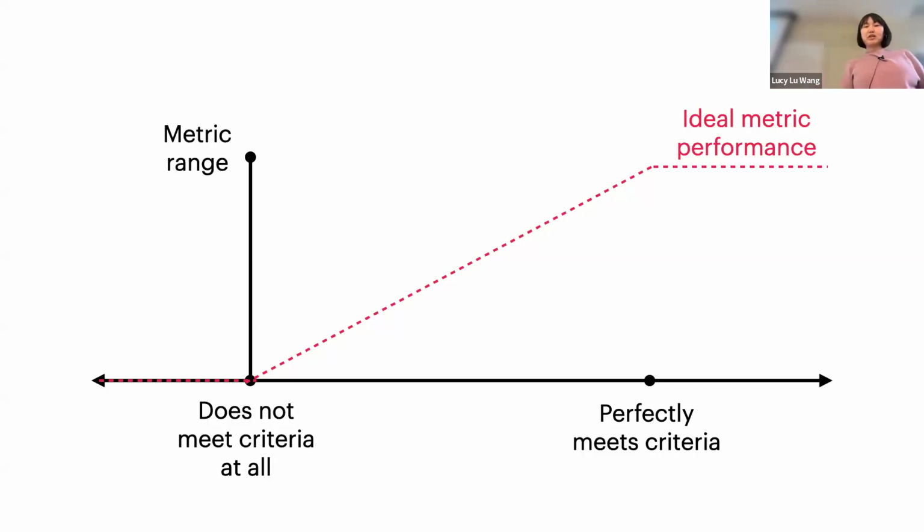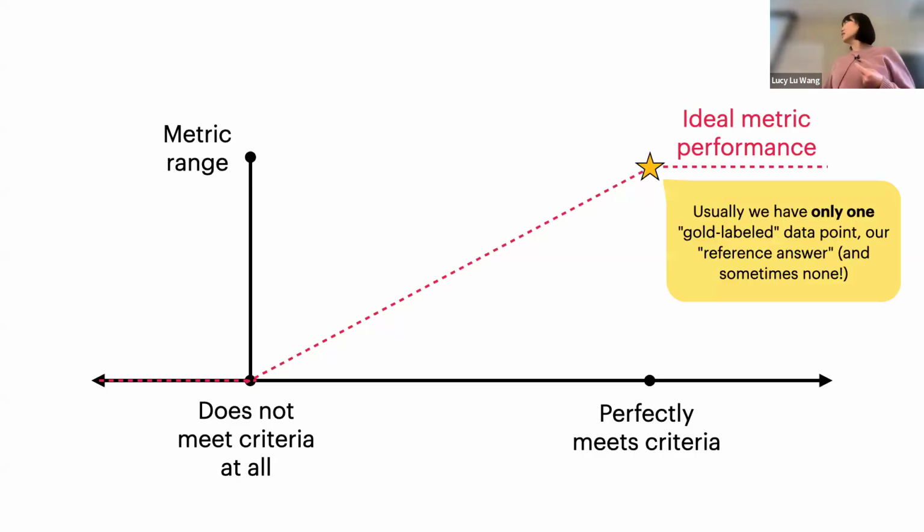Now, for any metric that we're evaluating, we need to estimate the shape of this. So now I'm talking about meta-evaluation. How do we know that the metric is in fact responsive to our criteria? We need to estimate the shape of this metric response curve. And the problem is, usually, maybe we only have one gold labeled data point in our data sets that says this is a reference answer that maybe perfectly meets our criteria.